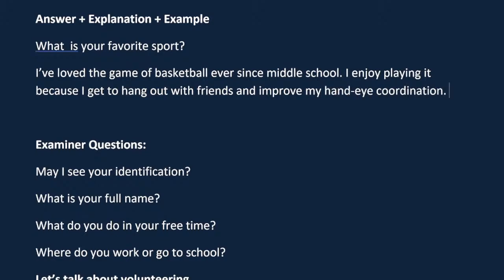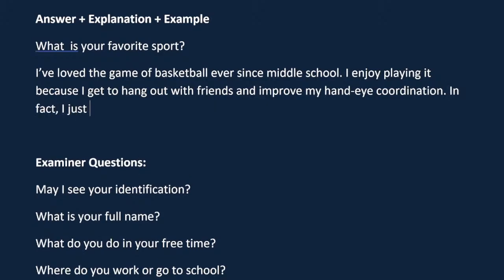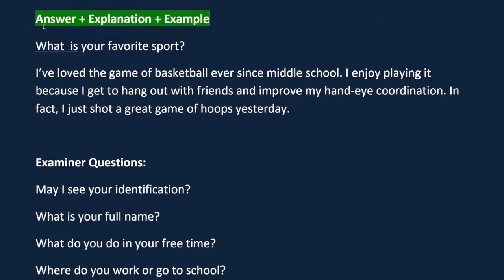Okay, that's my explanation. And then example. In fact, I just shot a great game of hoops yesterday. Okay, so that's a basic principle to doing a great job in speaking part 1: you have to have this answer, explanation, and example. Okay, you always want to focus on that structure.